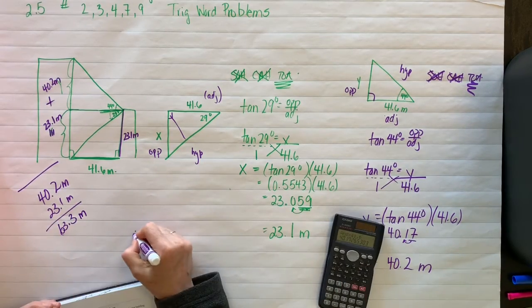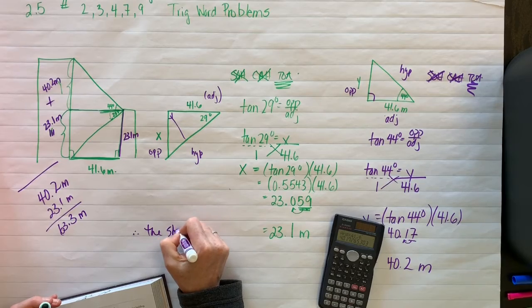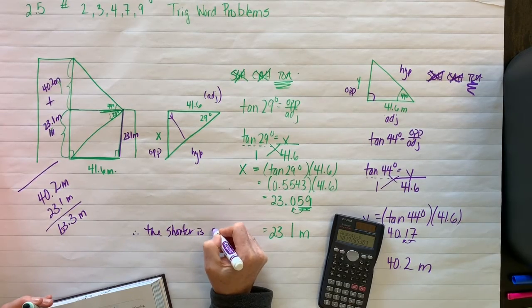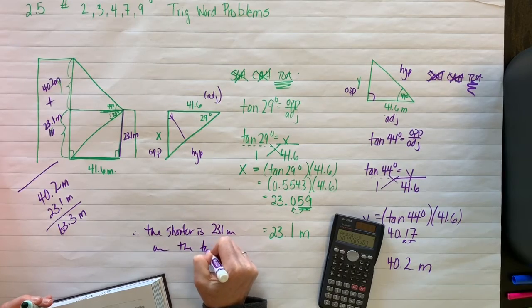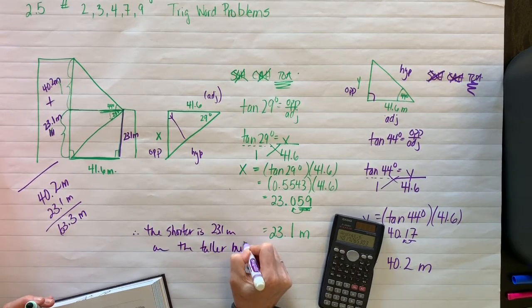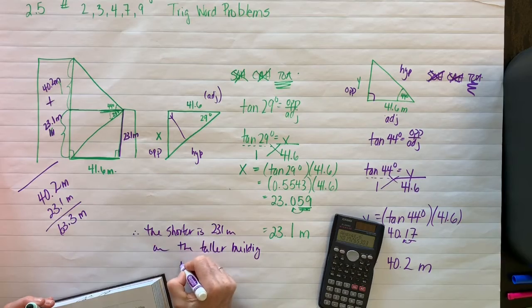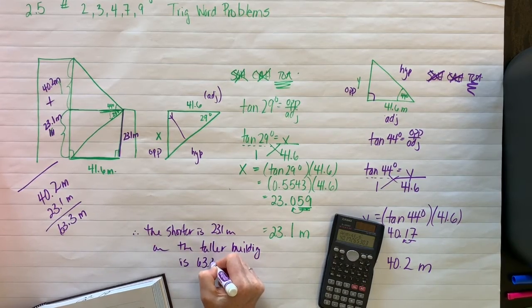So therefore, the shorter building is, what did we say it was, 23.1 meters, and the taller building, at least this is faster than me writing on the board, is 63.3 meters.